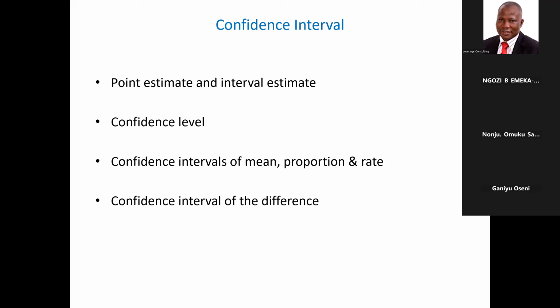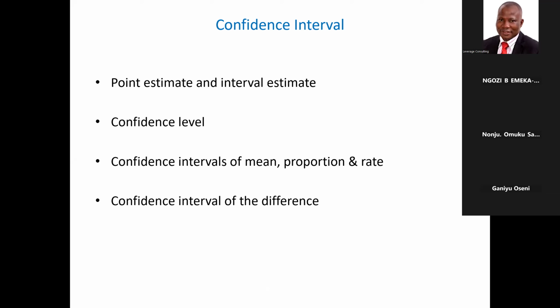And we already said that if the standard error is small, it means that the estimate, the statistic you calculated, is very close to the parameter. So the value of the statistic is an estimate of the parameter. Most of the time, when you calculate that estimate, it is a single value. We call it a point estimate.